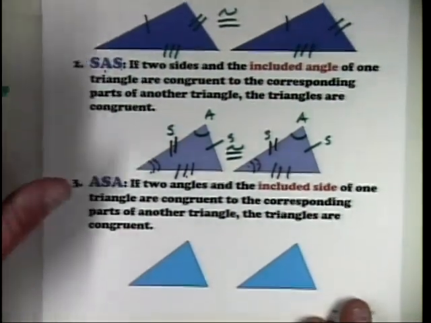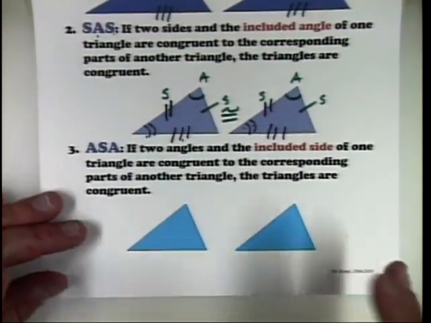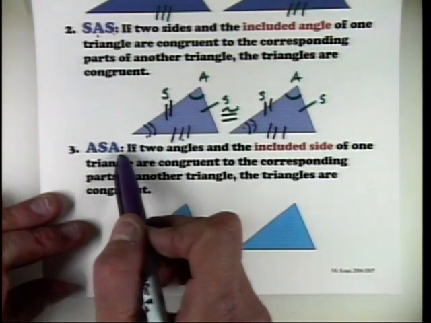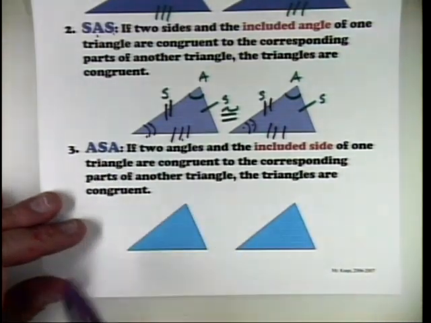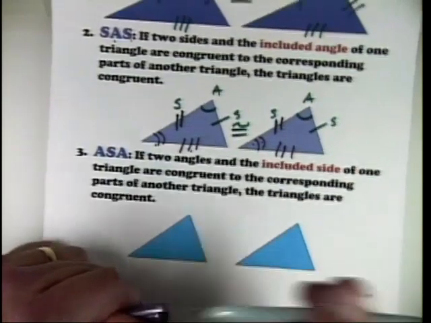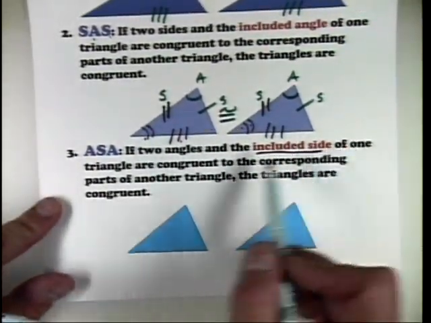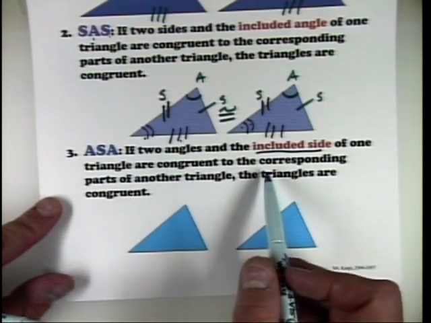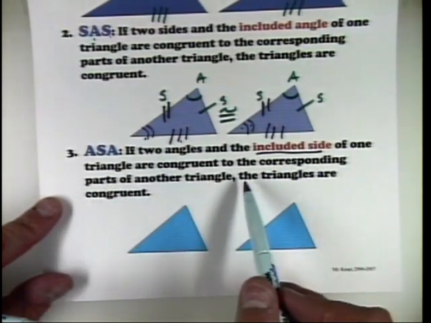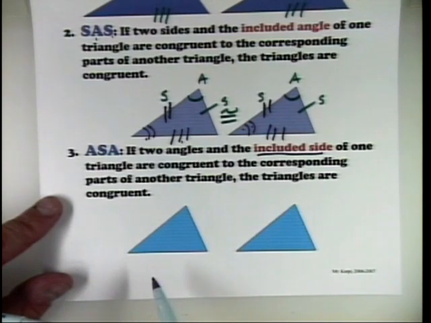The next case is the ASA case, which stands for angle side angle. And again, that side needs to be the included side. So here it is stated. If two angles and the included side of one triangle are congruent to the corresponding parts of the other triangle, the triangles are in fact congruent. So let's label it.